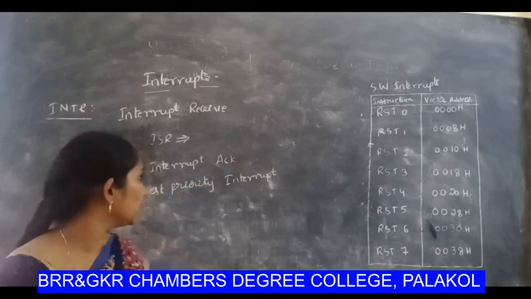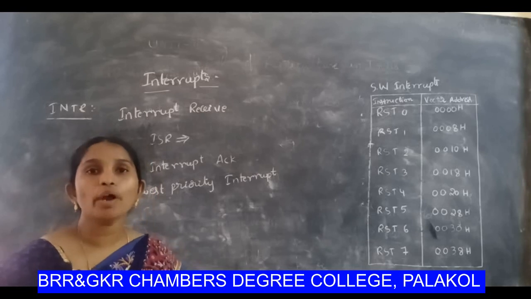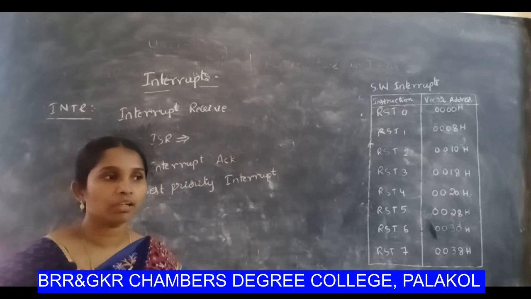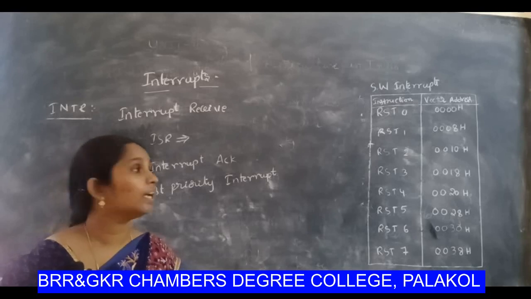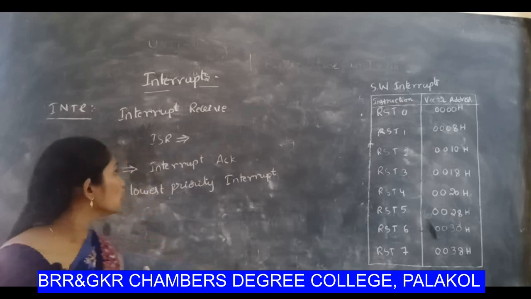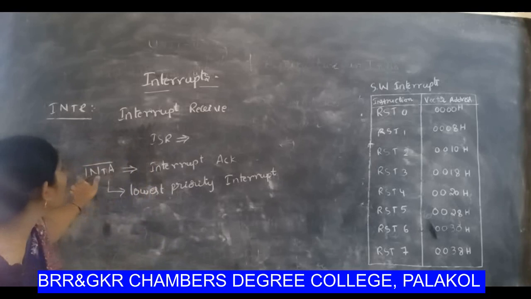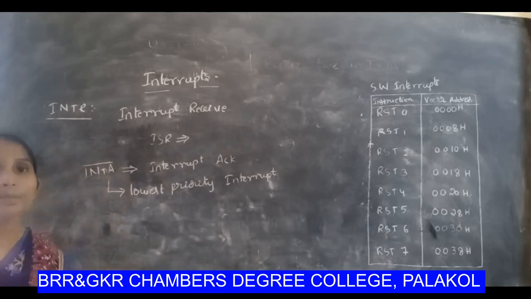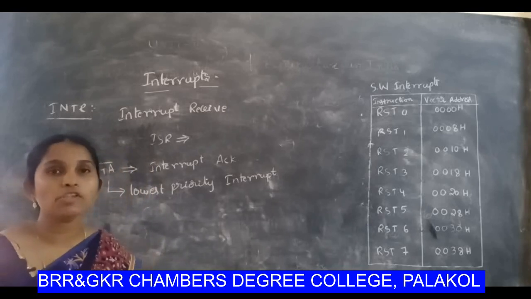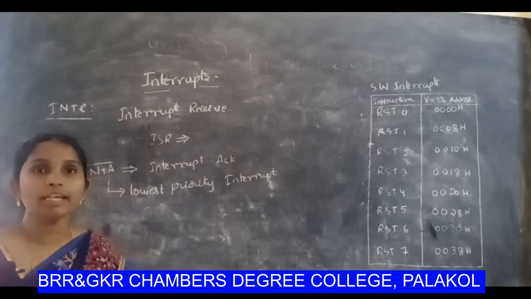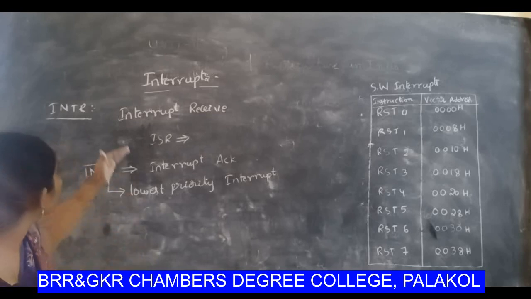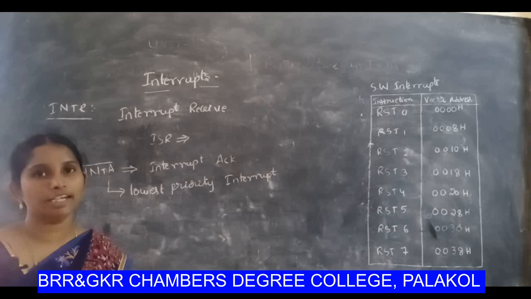And another question: in 8085, which type of interrupt has the lowest priority? INTA bar is the lowest priority interrupt. So these two points are very important. Okay, so these are the hardware interrupts.